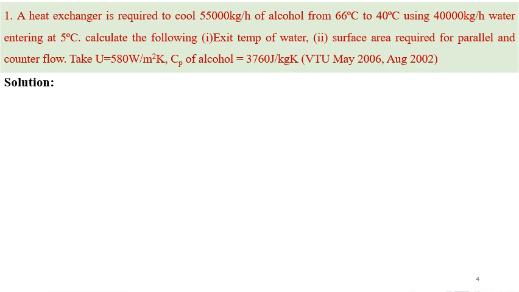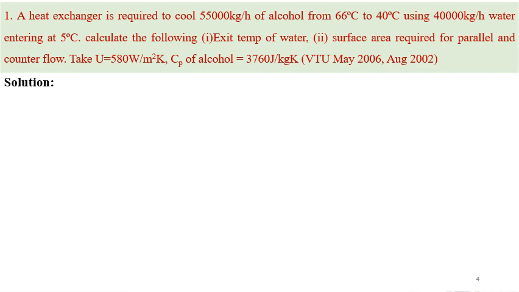So by this sentence we can make sure that the hot fluid is alcohol and the cold fluid is water. Now we know that in a heat exchanger, heat is transferred from hot fluid to cold fluid.